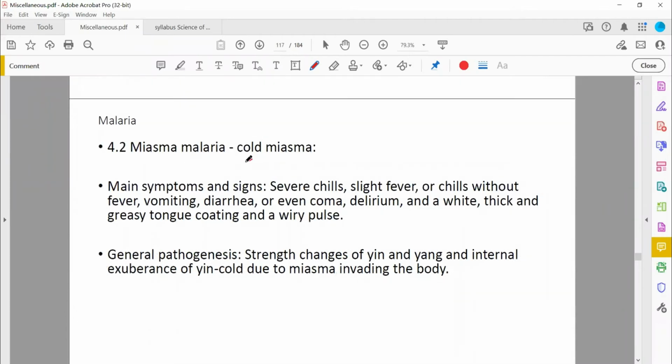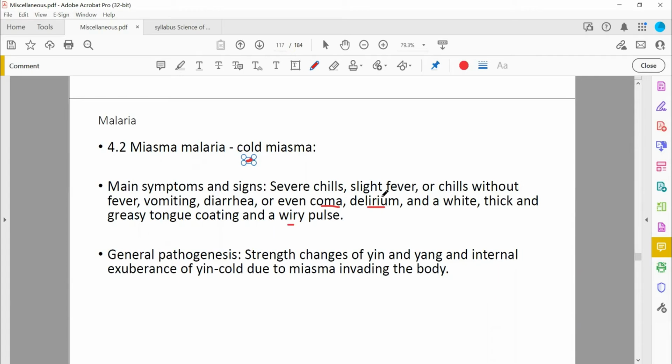So this one's a cold miasma: severe chills, slight fever, or chills without fever. There's vomiting, diarrhea, or even coma, delirium, and a white, thick, and greasy coating. So look at this one.